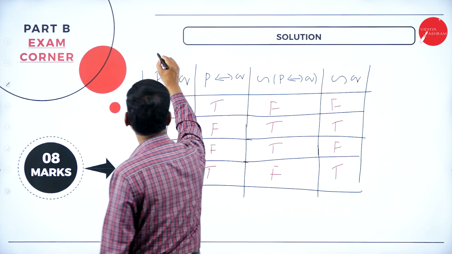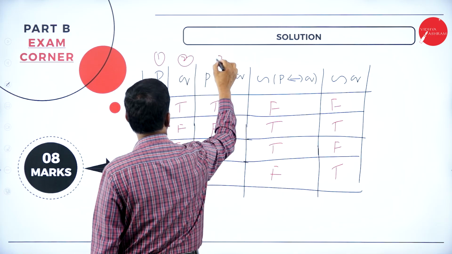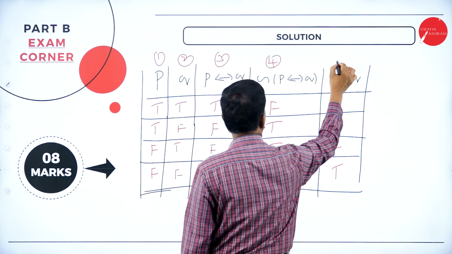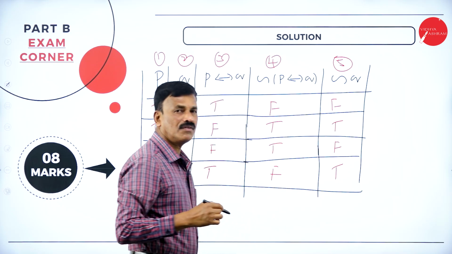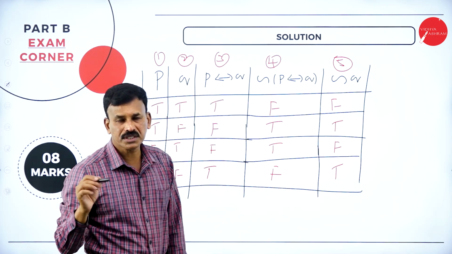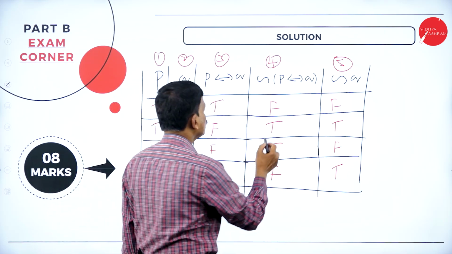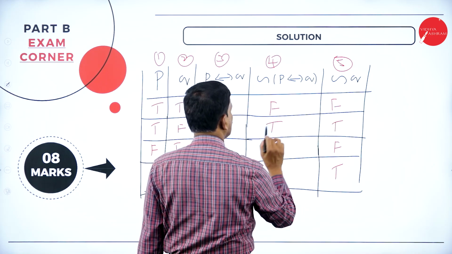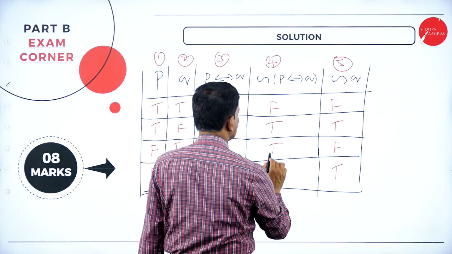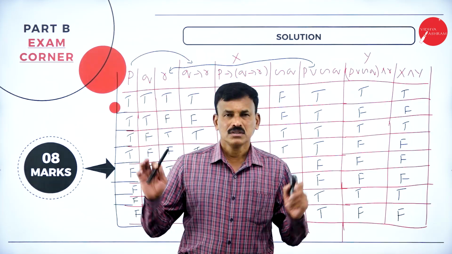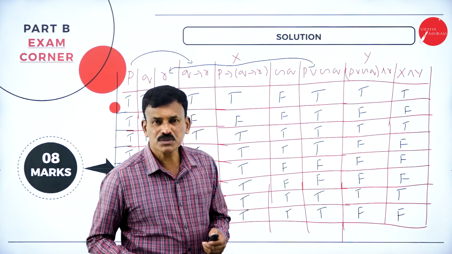So, let us number the columns 1, 2, 3, 4 and 5. Now, check the truth values in the 4th and 5th columns. They are false and false, true and true, true and true, false and false. So, you followed this. Now, move on to the next problem.